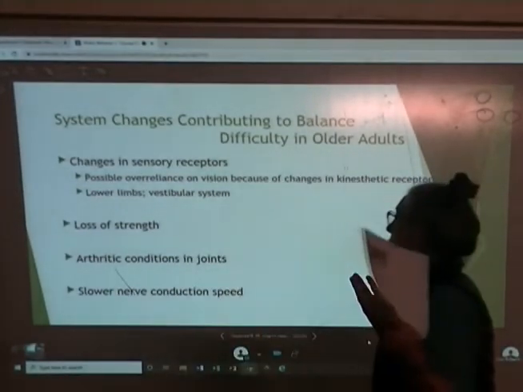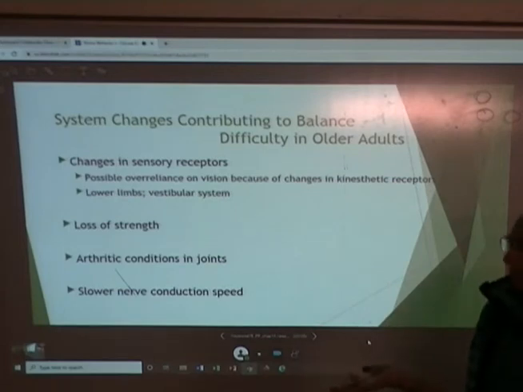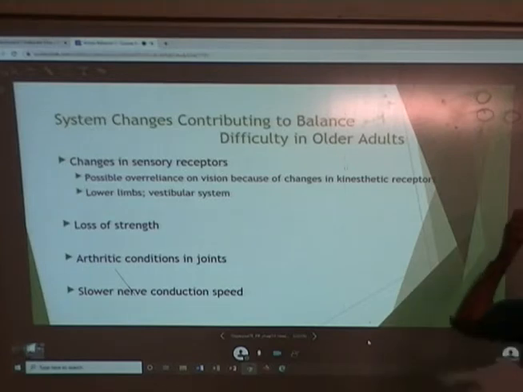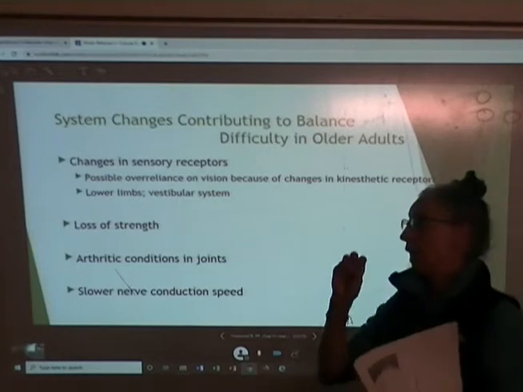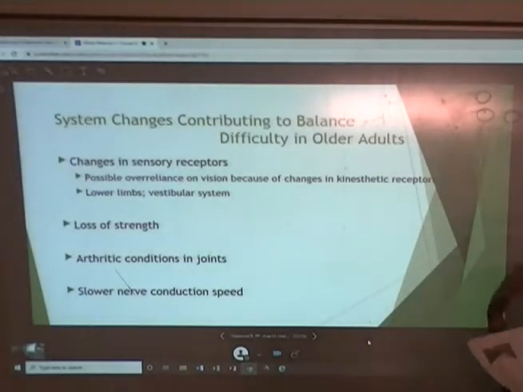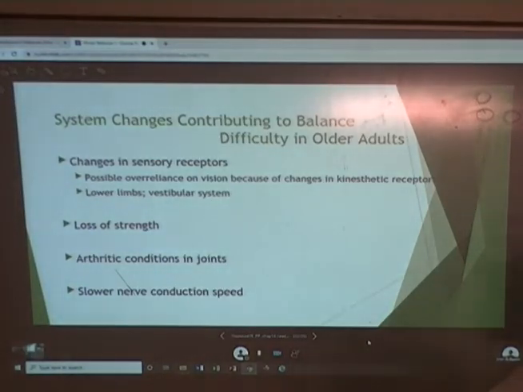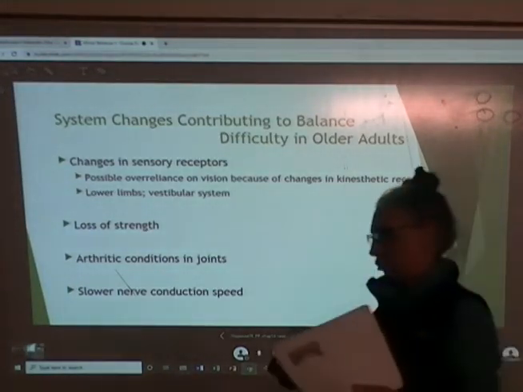Okay? So why is this such a big deal, right? The reason this is such a big deal is that falls in older adults who are older than 75 is the leading cause of accidental death in that age group.